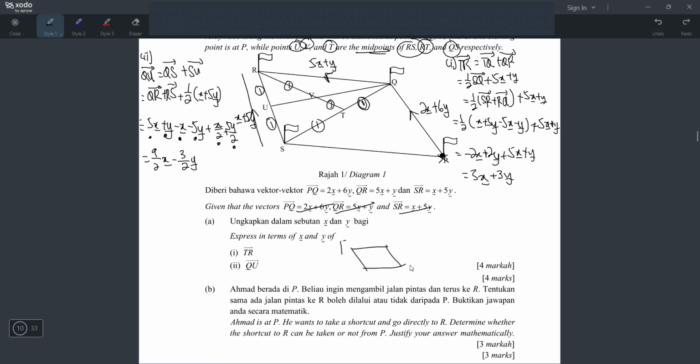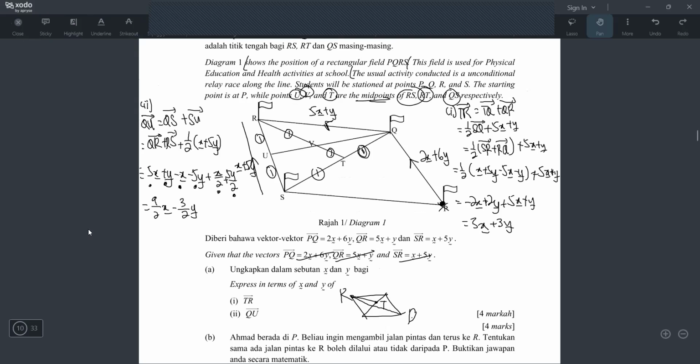This is R, this is P, and the line looks like this, and T is here. If you walk from P to R and it never passes through T, it means you can't do it like that, because if you take the shortcut like that, you never move along the line, and the rule here is you have to race along the line.